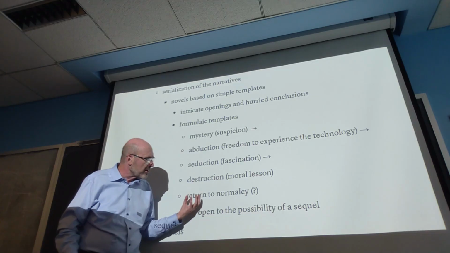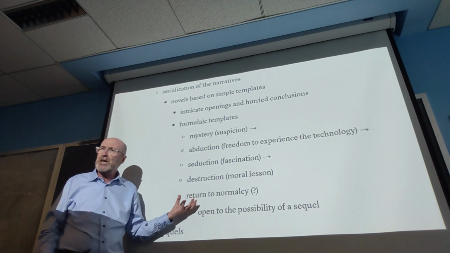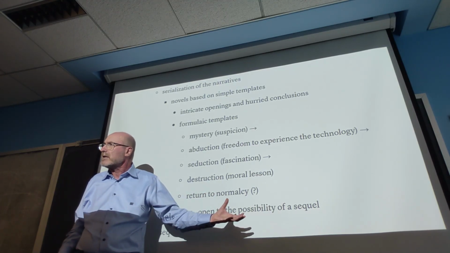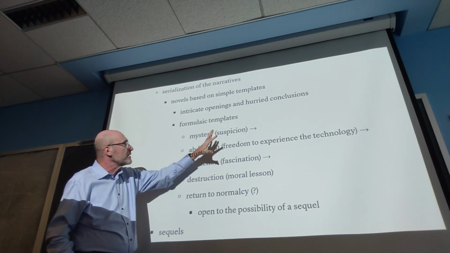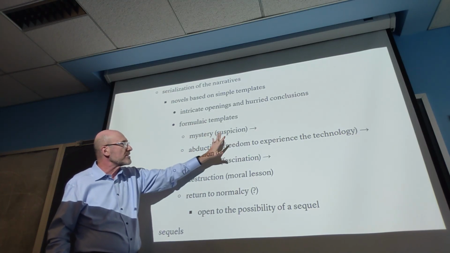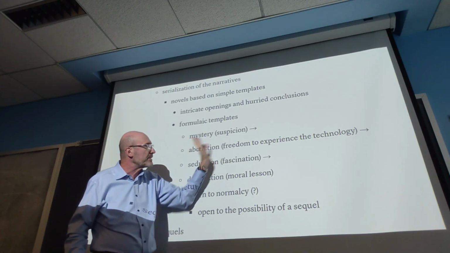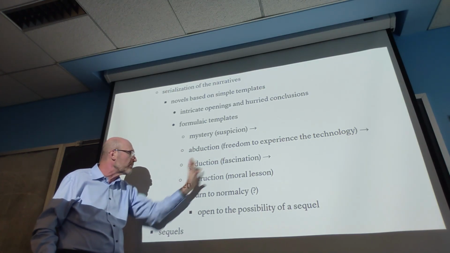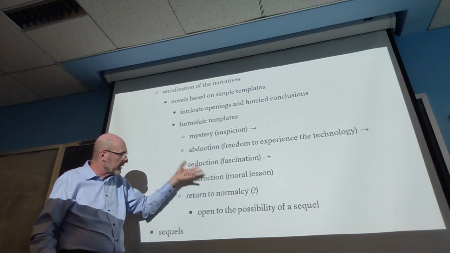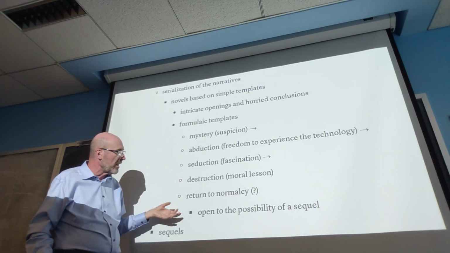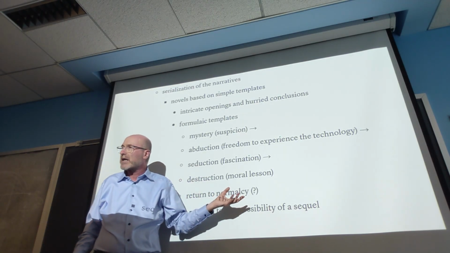And then the conclusion represents a return to normalcy, right? The characters who were kidnapped, who were first suspicious of the existence of a new technology, then kidnapped and taken on board the technology, then almost converted to it, and then were active participants in the distraction of the technology, are supposed to return to their regular lives.